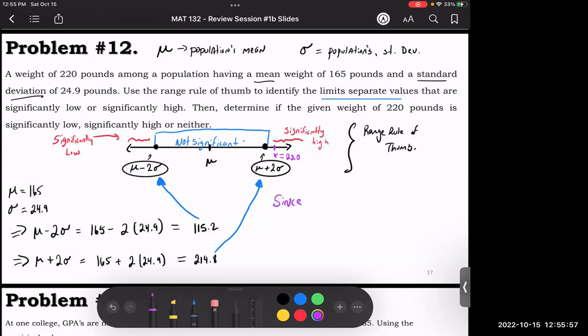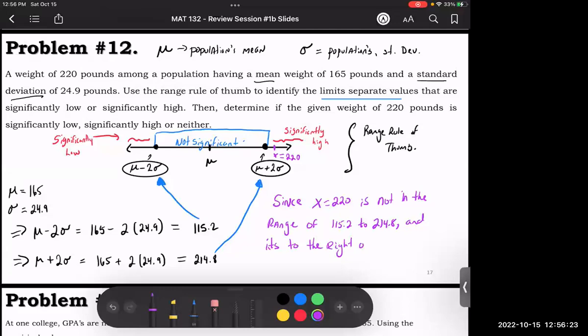So let's just write it out. Since x equals 220 is not in the range of 115.2 to 214.8, and it's to the right.